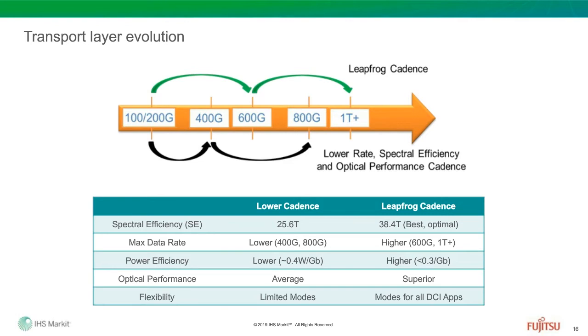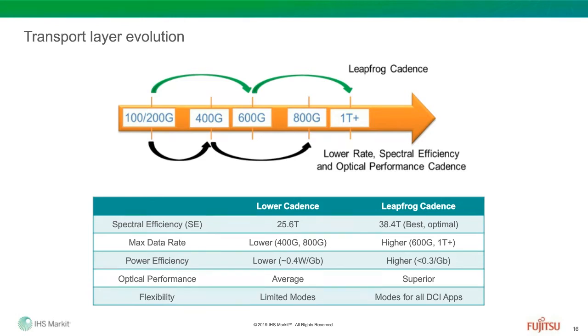And even 400 gig mode is offered in a done-right way, with the right kind of specs and performance. The leapfrog cadence has also reduced the size and the power to less than 0.3 watts per gigabit.